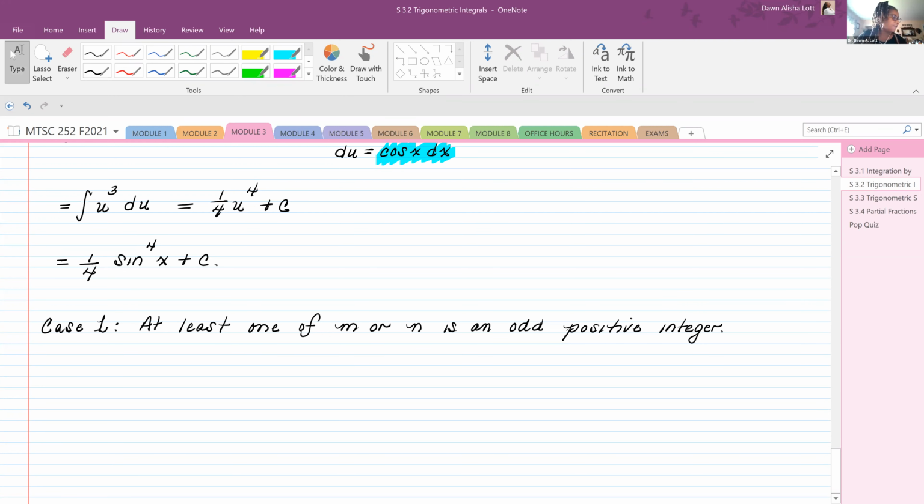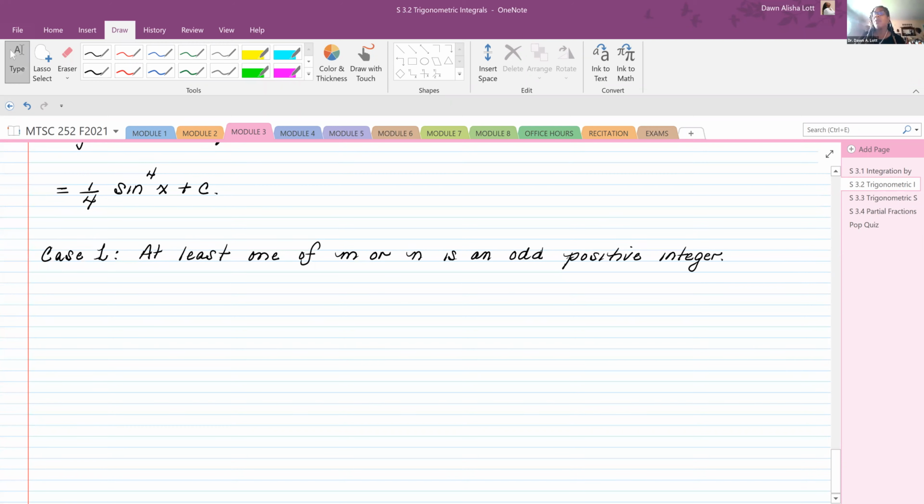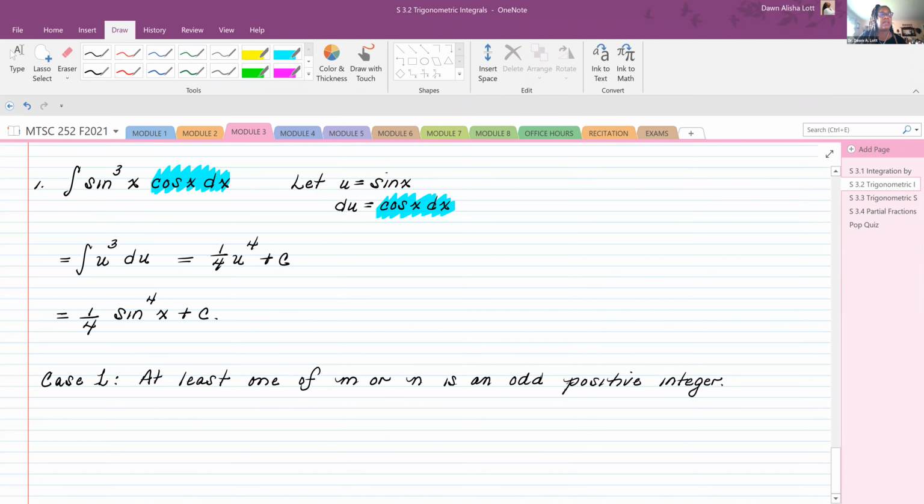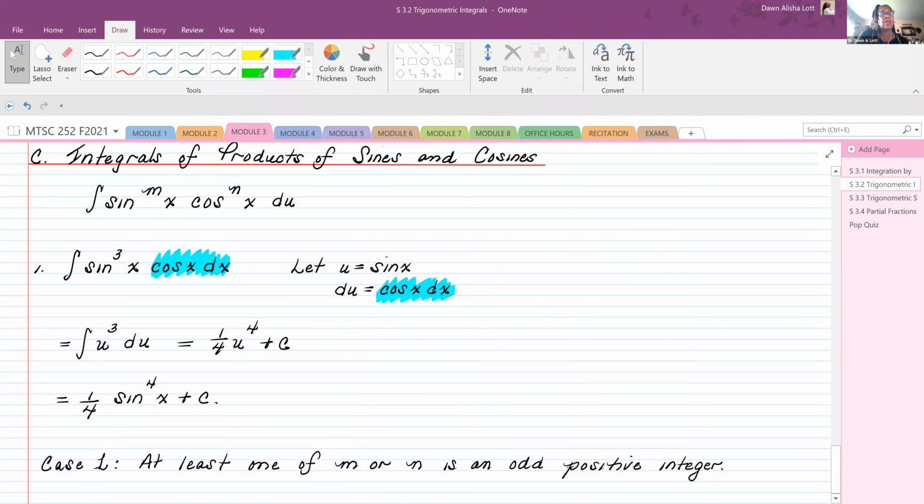The other one could be any real number it wants to be. We don't really care, but we care that at least m or n is an odd positive integer. In that case, if you noticed, with the cosine of x, I was able to pull off a cosine and let that be the derivative. So what we're going to be doing here is identifying the derivative, and then that helps us choose what u is going to be.